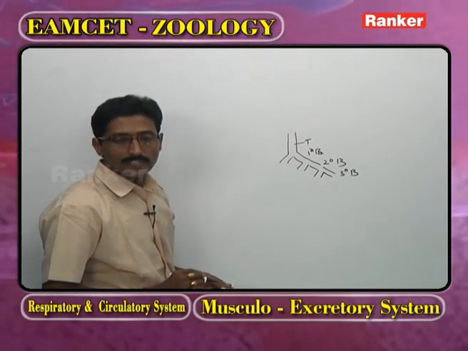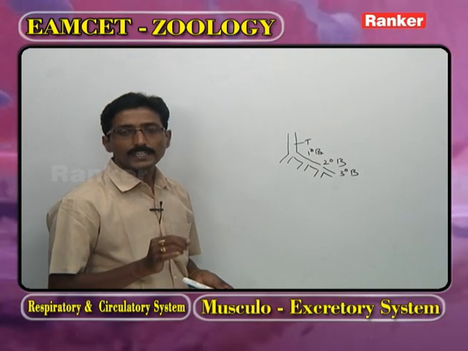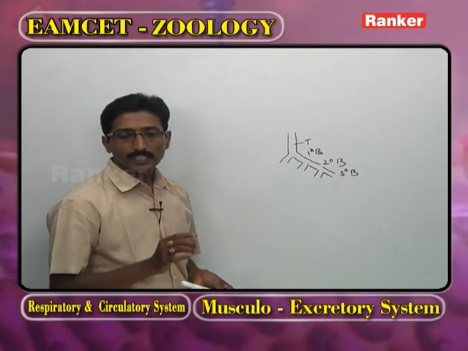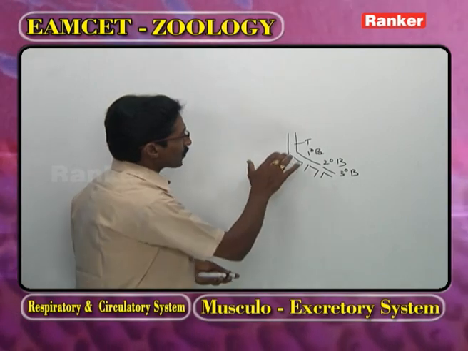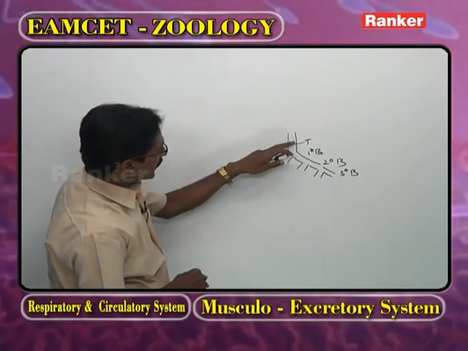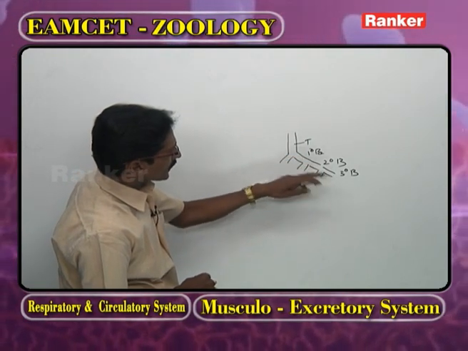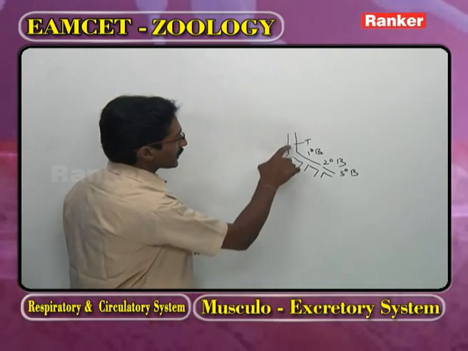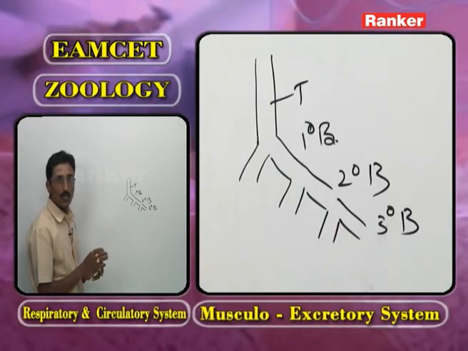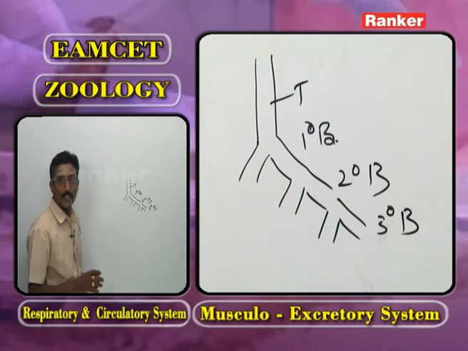Now here the question is, pseudostratified ciliated epithelium is present in which part of the respiratory tract? Trachea, primary bronchi, secondary bronchi, tertiary bronchi. In these parts, pseudostratified epithelium with cilia is present.